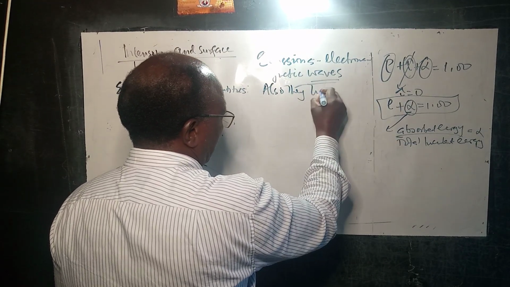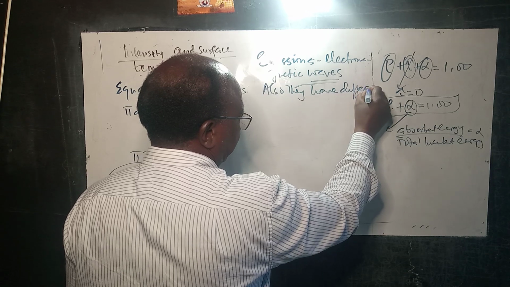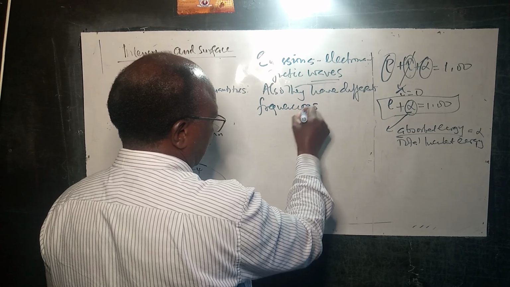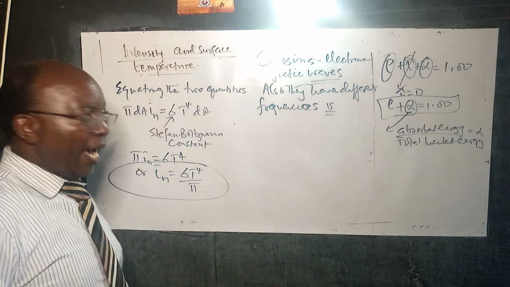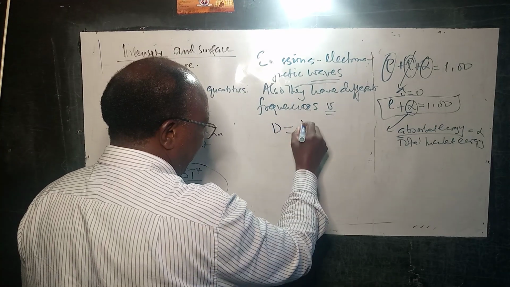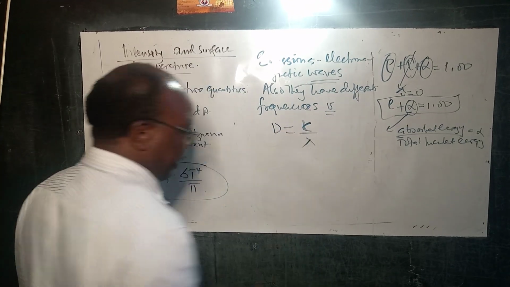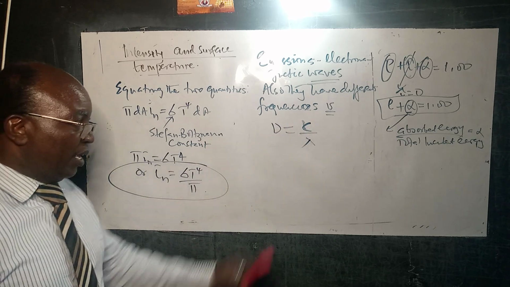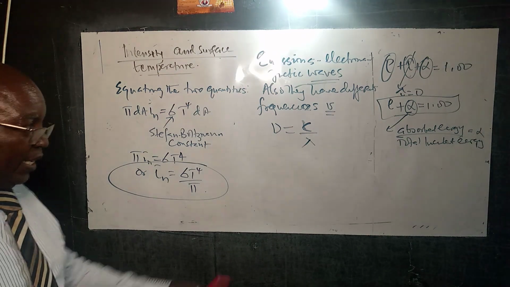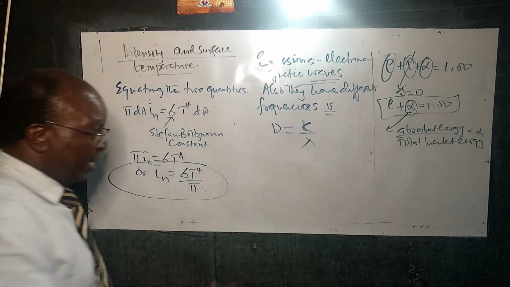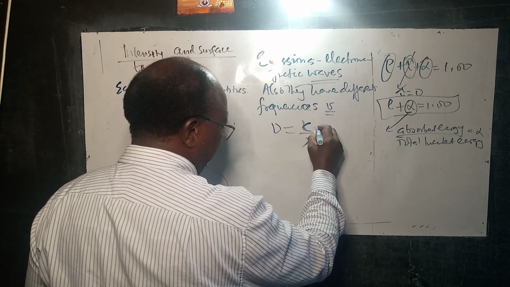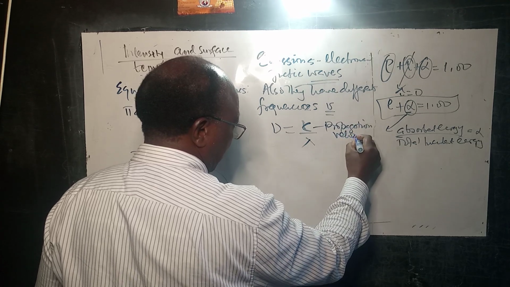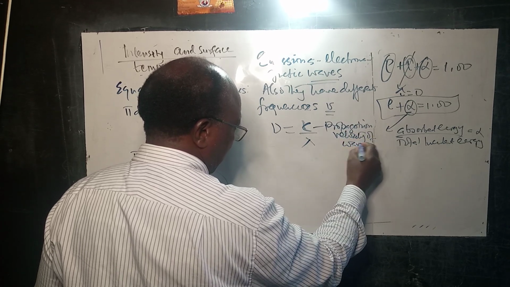They have different frequencies. This frequency is related to wavelength as c over lambda, where c is the propagation velocity of the wave, normally in meters per second, and lambda is the wavelength.